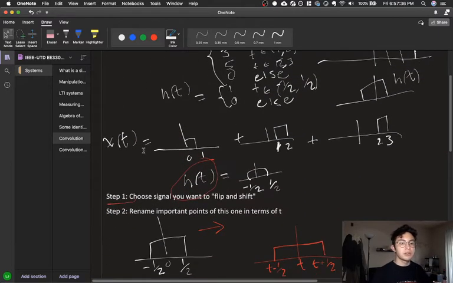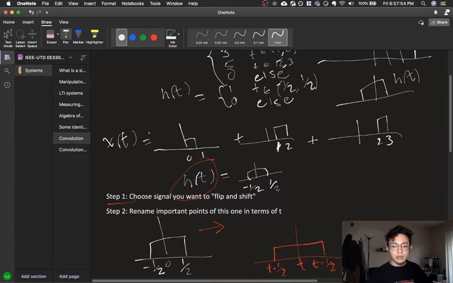The cool thing about breaking all of these behaviors up into single components like this is that we can use the distributive property of convolution in order to compute all of these.